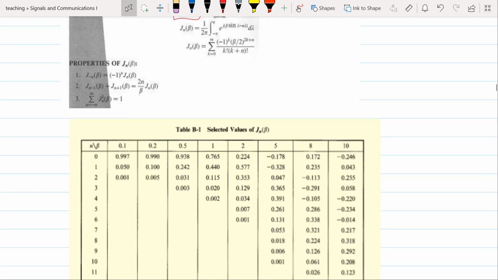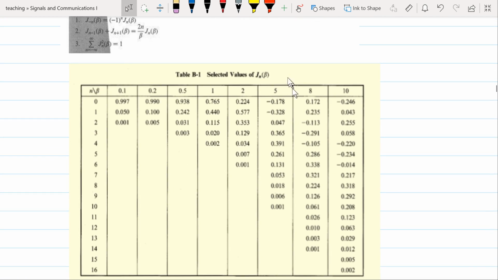We can also see that for higher values of n, the value of J_n goes to 0, and for the argument beta, the higher the argument, the smaller the value of the Bessel function.